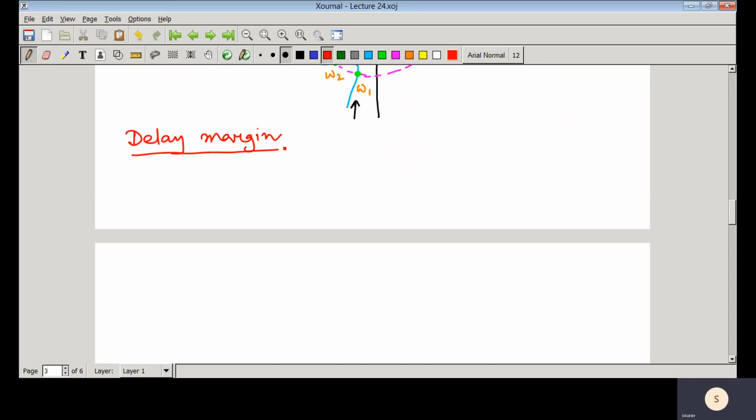The delay margin tells us how much delay can be introduced into the loop so that the system remains stable. That means it gives us a margin, and if we introduce a delay more than that margin, then the system would be unstable. You may ask why it becomes unstable.